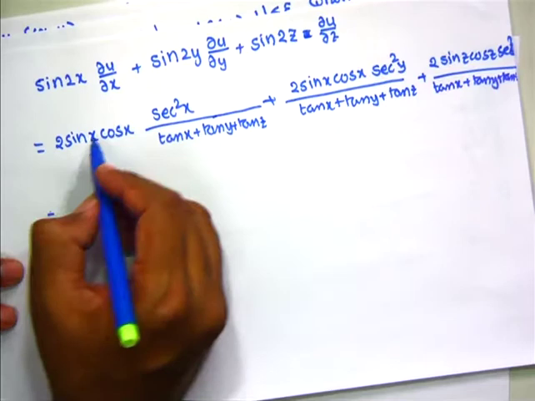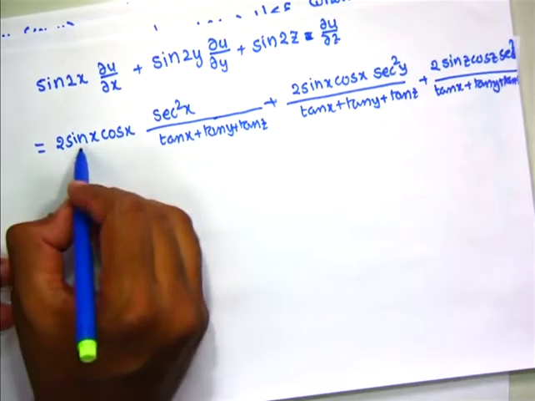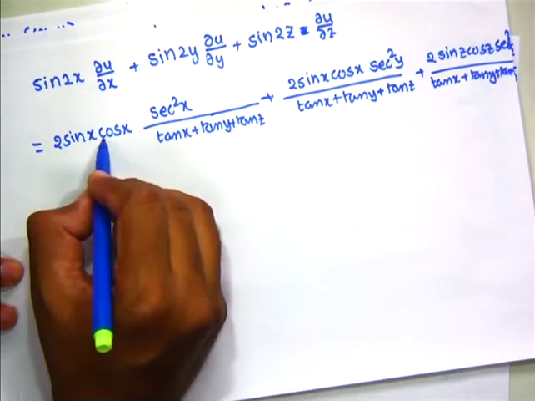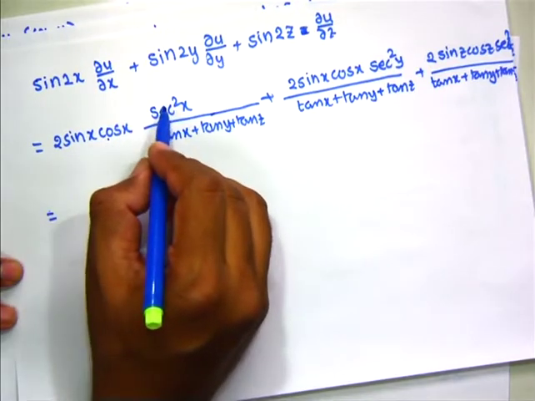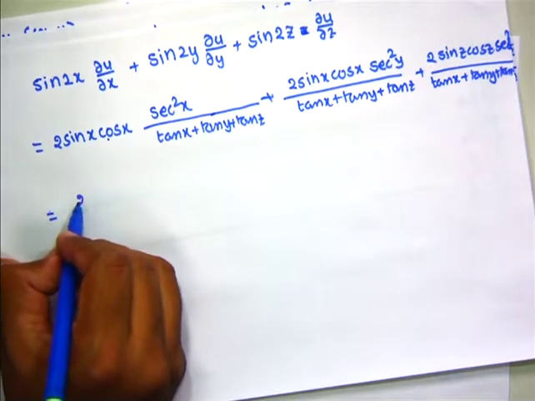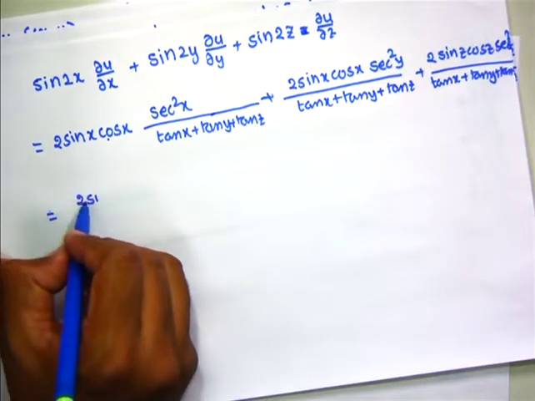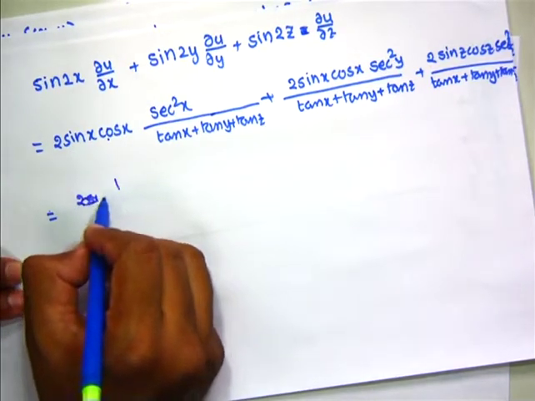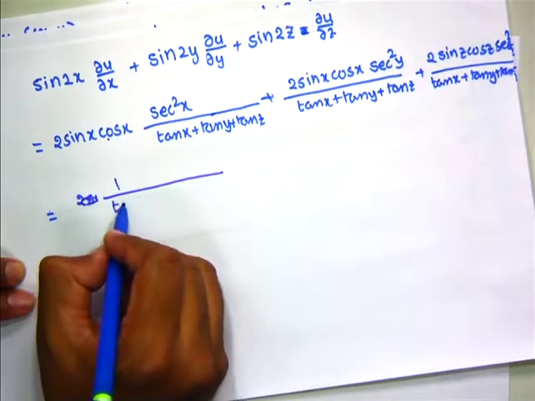So we can take 1 upon tan x plus tan y plus tan z common.